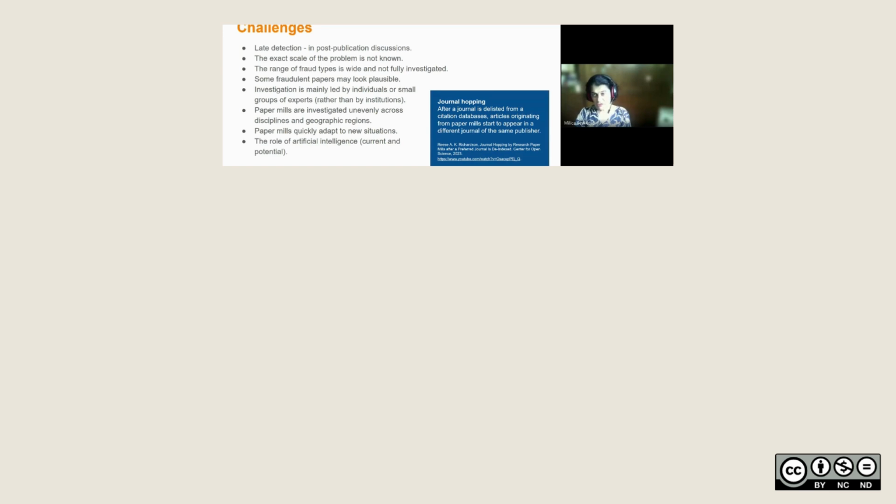And there is also a fear that with the rise of generative AI, they may look increasingly plausible, making detection more difficult. And another problem is that the investigation is not usually done on the institutional level. So these are usually expert groups, and there is no wide direction. And that's why it's difficult.